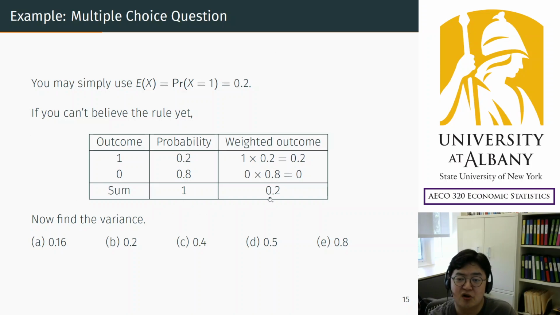So now you learned the mean is 0.2, and use this information to calculate the variance. Try this by yourself. Do the algebra. Okay, pause the video if you need more time. You should need more time, right? You should do it, okay?